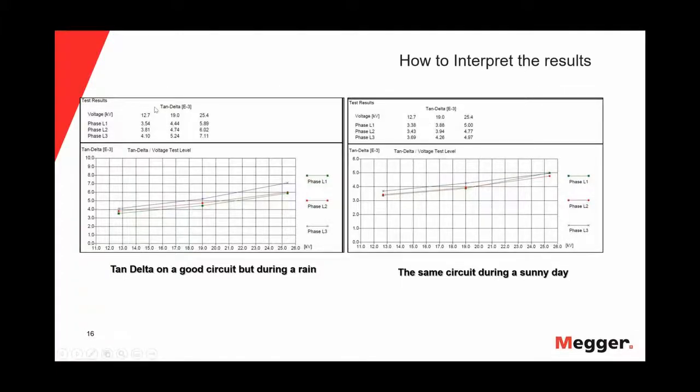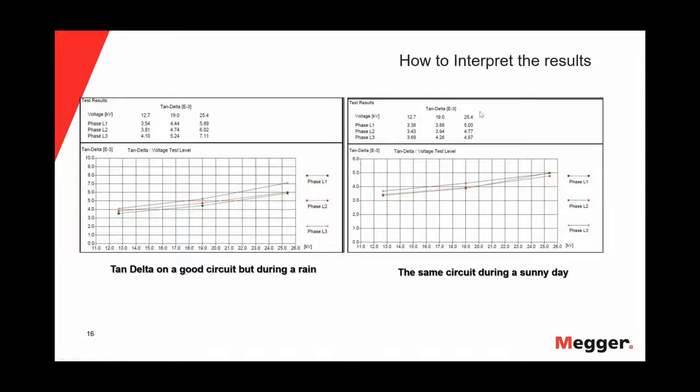So this is the same cable. One is in the rain and one is on a sunny day. If you look here, the voltage in kV is 12.7 here, 19 here, 25.4 here. Phase 1, phase 2, phase 3, this is your tan delta value at each step. And if you look here, 589, 602, 711 represented by this blue phase here in L3.